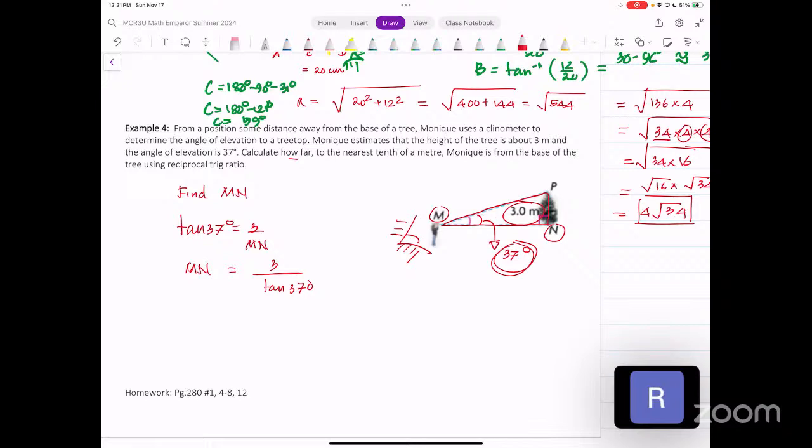I got 3.981. Makes sense. Nearest tenth: 3.981, so if you round up, it's going to be 4.0, isn't it? Are you seeing that?